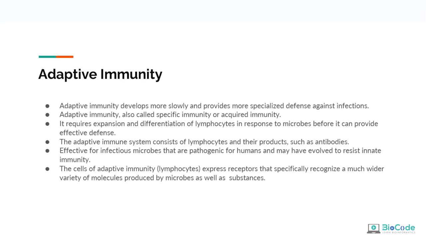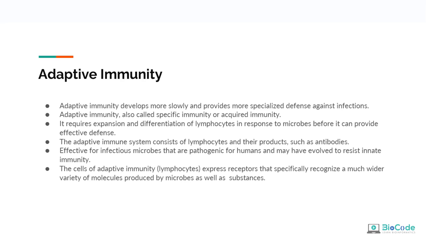The adaptive immune system consists of lymphocytes and their products such as antibodies. It is effective against infectious microbes that are pathogenic for humans and may have evolved to resist innate immunity.